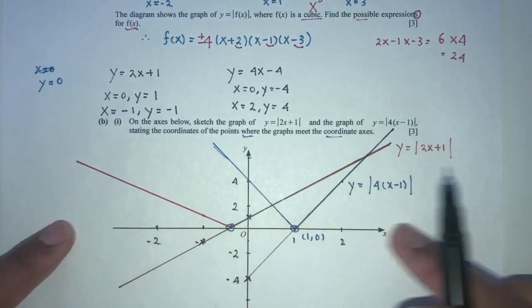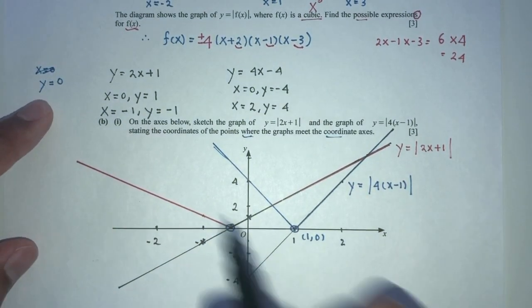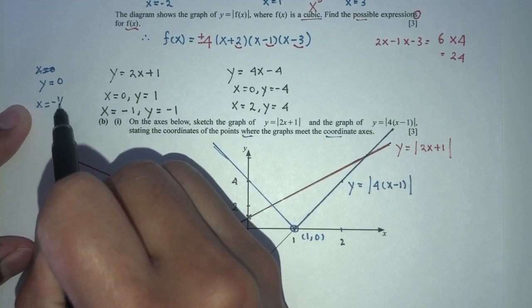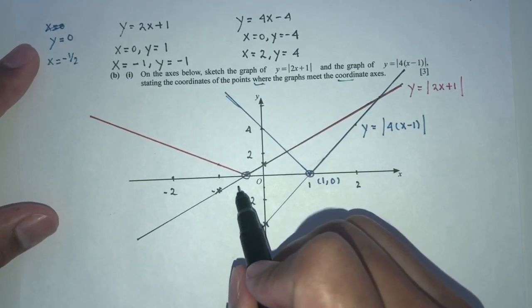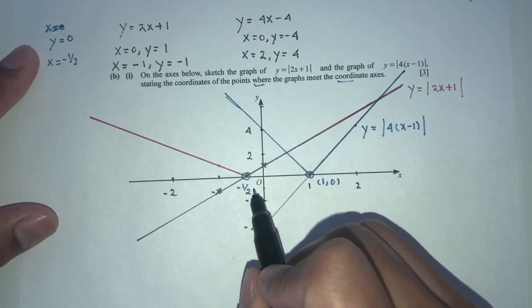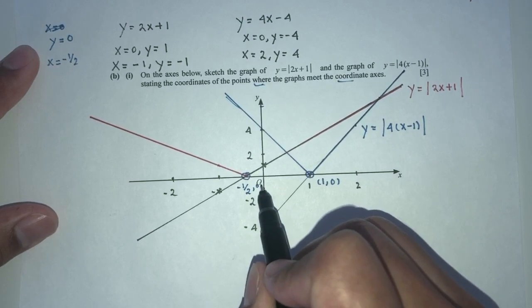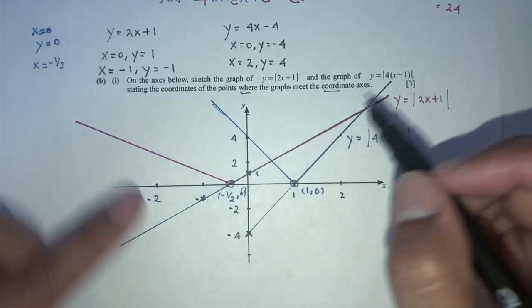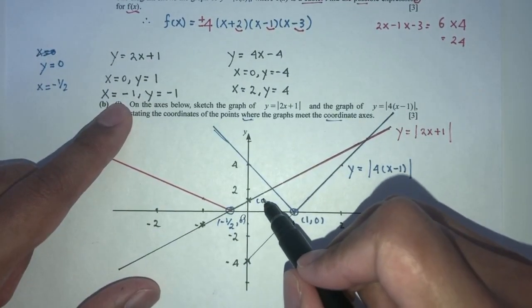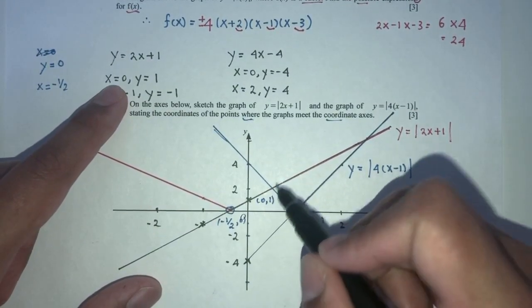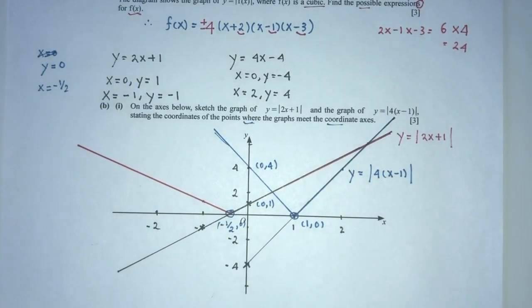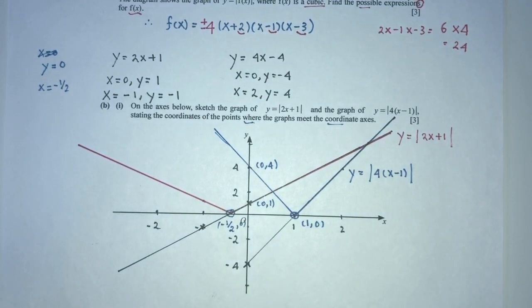So this line is the x-axis. When y is 0, you will have x was minus half. So the point here will be minus half, 0, right? And what is this point? This point is given to you right here, which is 0, 1, right? And this one will be 0, 4. So we have to show those points as well for your full marks as required by the question.